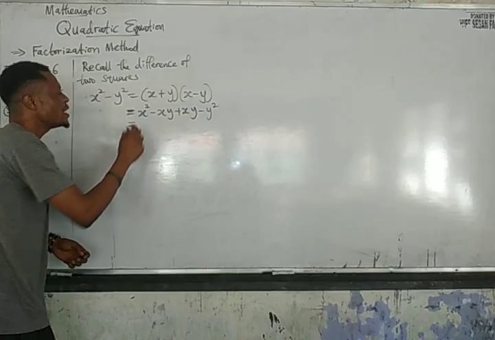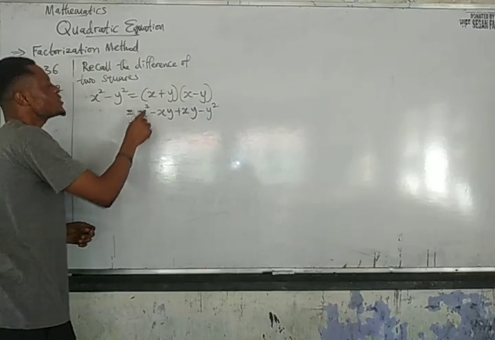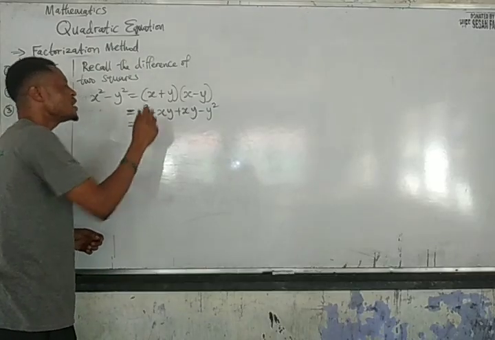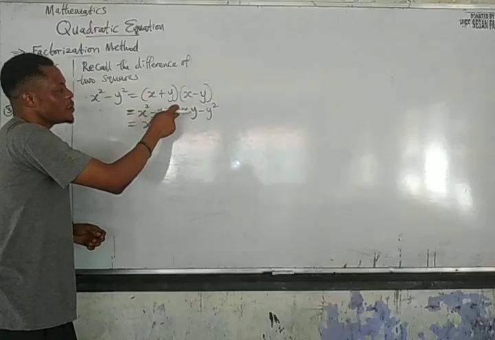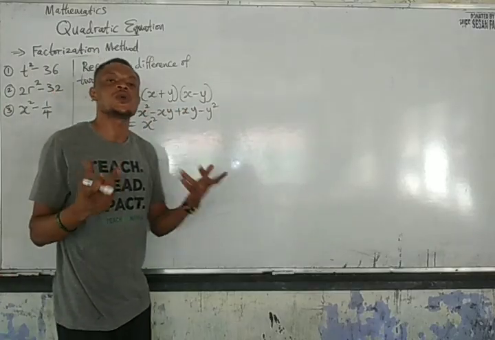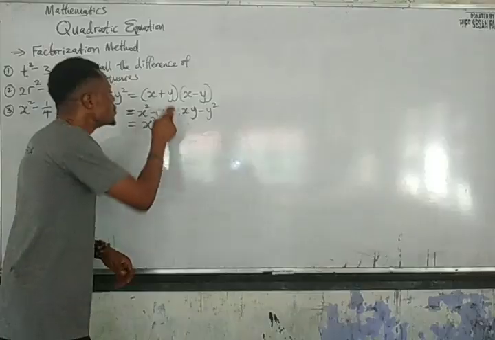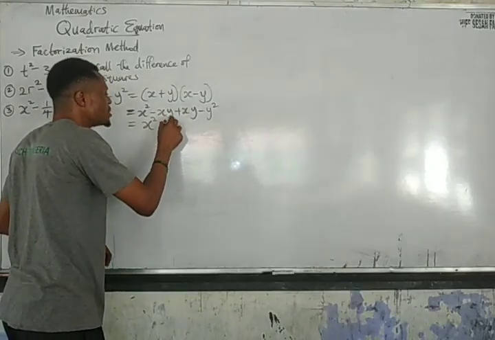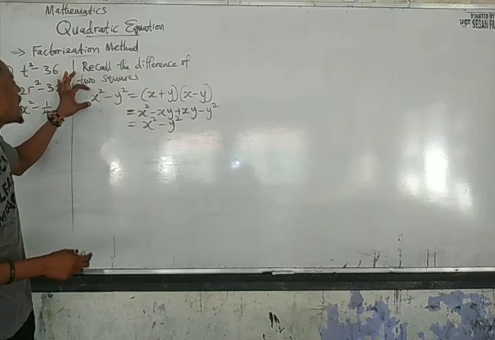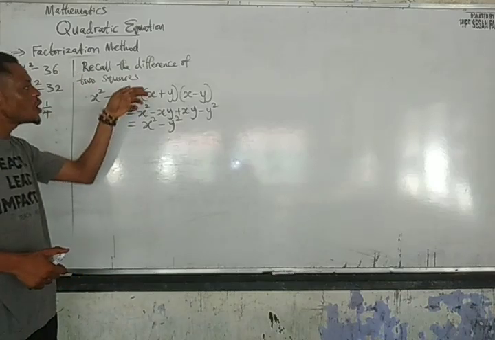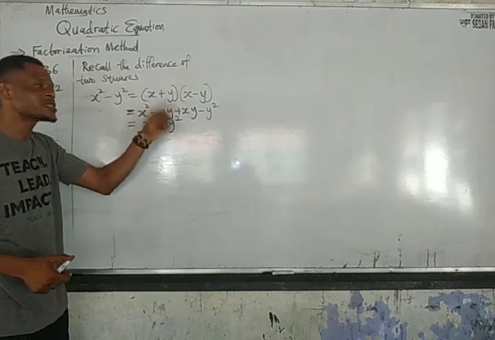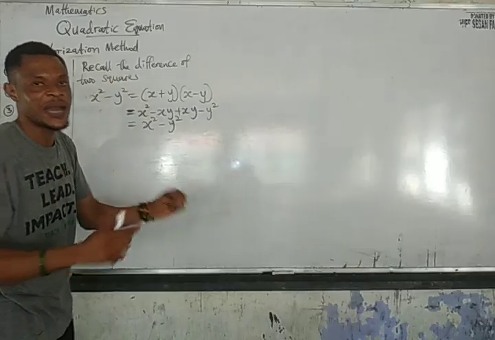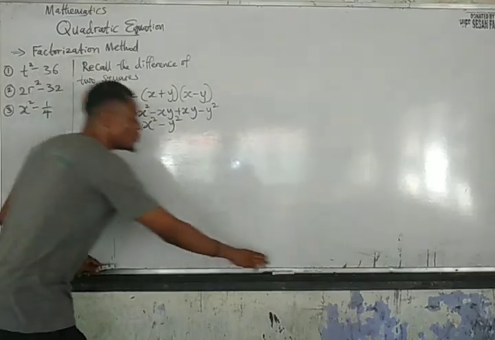So when you collect the like terms, x squared stays here, minus xy plus xy, the two will cancel each other. Then you have the final one, which is minus y squared. That means x squared minus y squared is equal to x plus y in brackets, open another bracket, x minus y, close bracket.